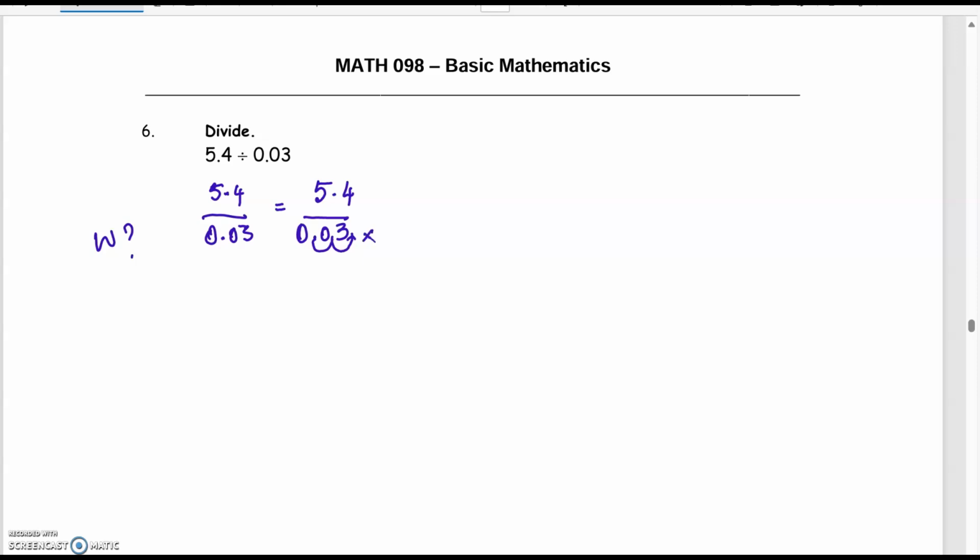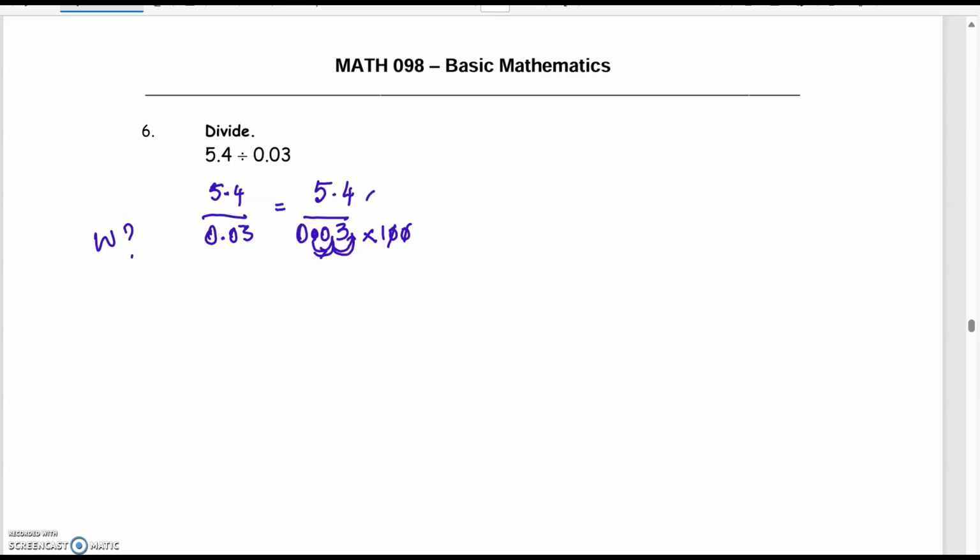I have to multiply 0.03 with 100 to make this happen. There are 2 zeros in the 100. So the rule says shift to the right by 2 place values.